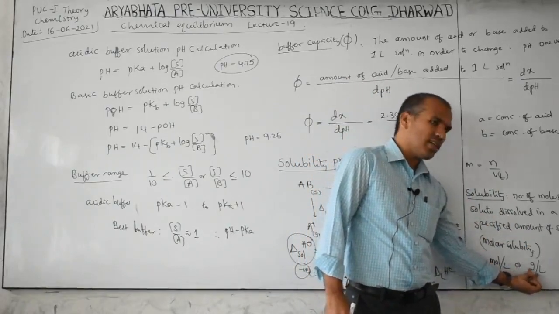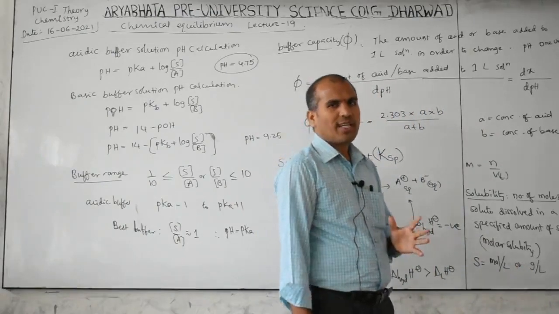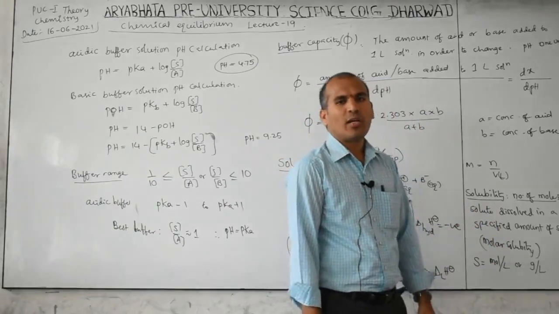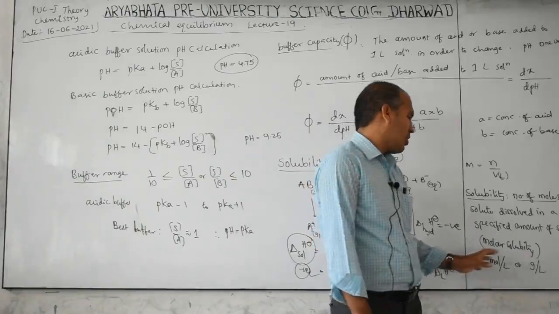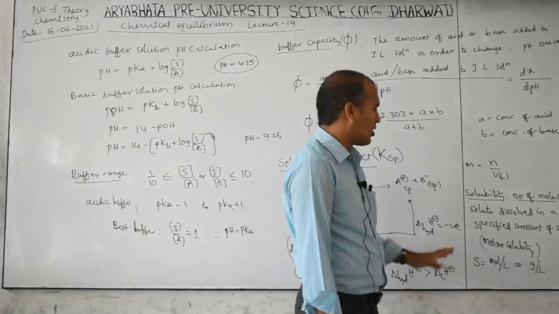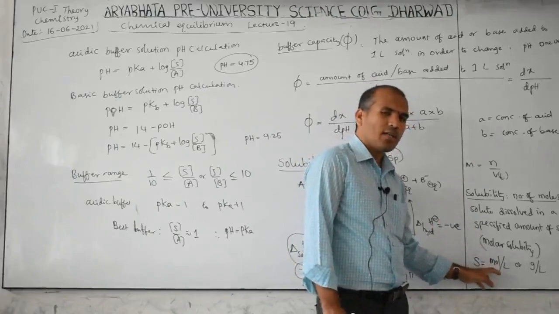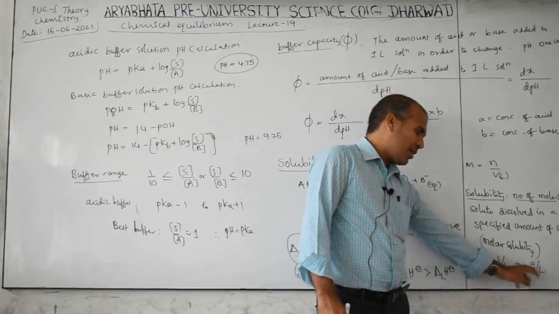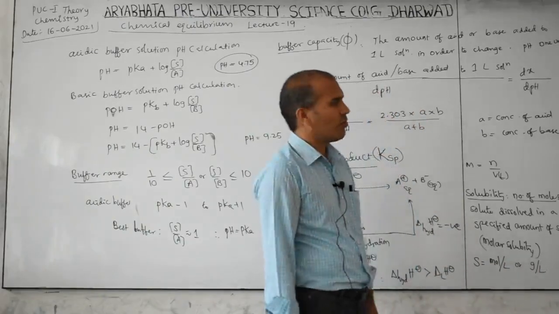Both terms are used for a saturated solution, and they are used for calculation of solubility product. Later I will give an example of how to calculate it. Generally we use molar solubility, mole per liter. If they give gram per liter, first you have to convert into mole per liter, according to the question.